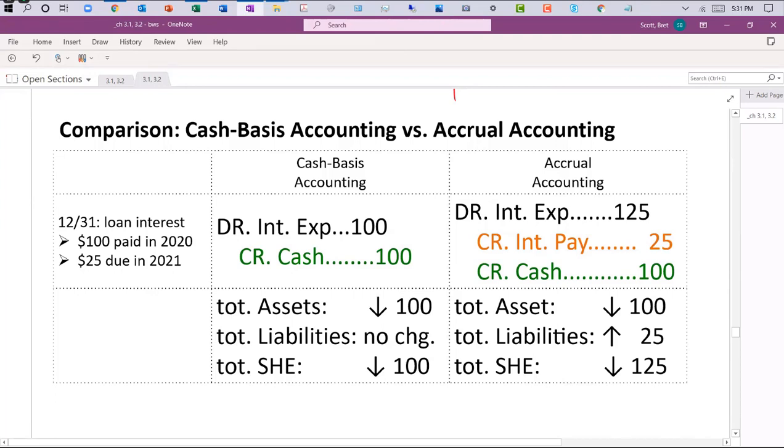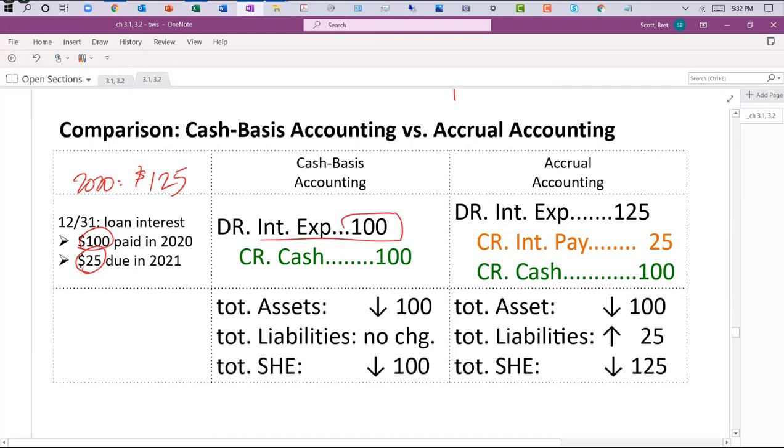Another example here. During 2020, let's assume I owe the bank $125 worth of interest. Fair enough. Let's assume up until December 31st, I've paid off $100 worth of interest during the year, and I owe another $25 in January of next year. A cash basis accountant would go ahead and record interest expense of just $100.